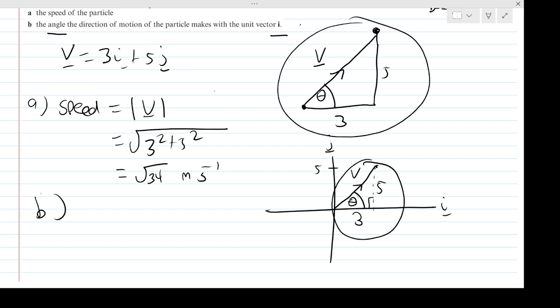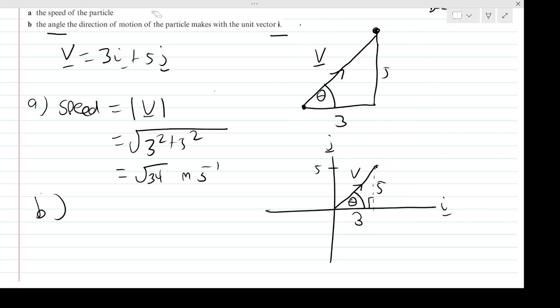So hopefully you can see now, here and here, these are the same triangle, right? We can find theta by using SOHCAHTOA, right? So we know that theta is opposite 5, so this is going to be the opposite. The 3 is going to be the adjacent, and obviously the hypotenuse. So we can use tan theta, which is the opposite over adjacent. And so tan theta in this case, the opposite is 5, and the adjacent is 3.